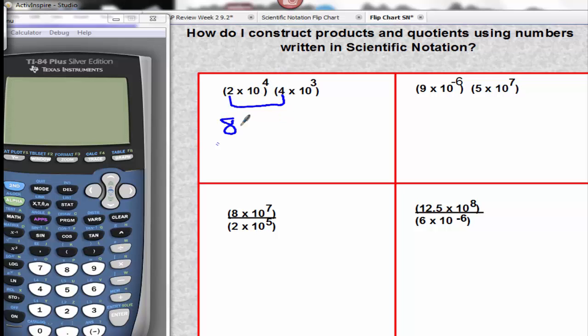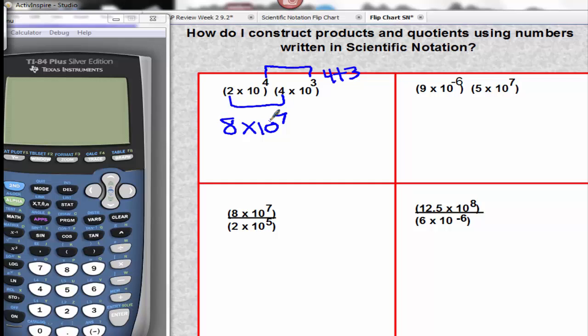And then you've got to remember, when you're multiplying, you will add your exponents. So I know times 10, and all I'm going to do is simply add my exponents. Well, I have 4 plus 3, and that's going to give me 7. So in this case, I have 8 times 10 to the 7th.